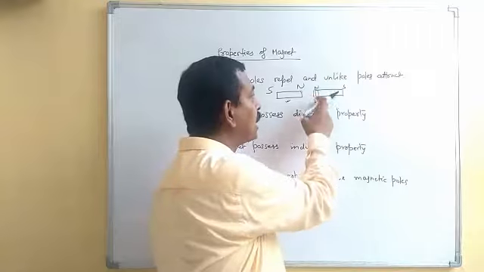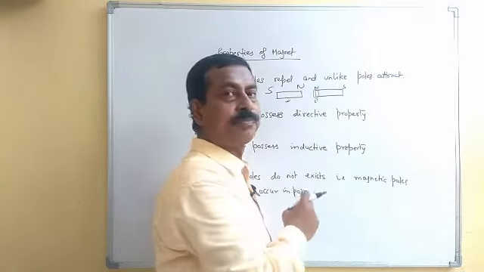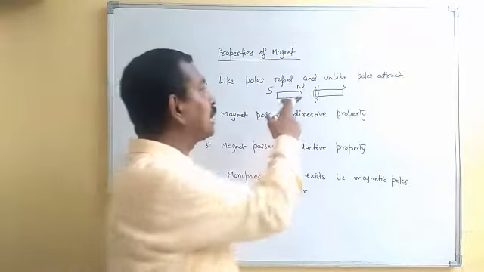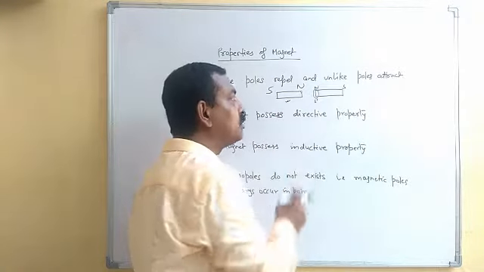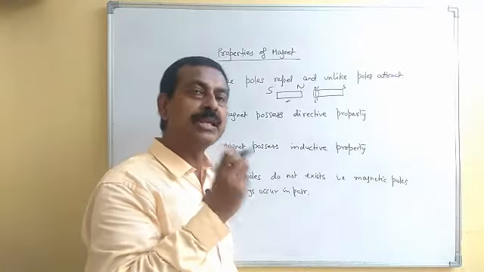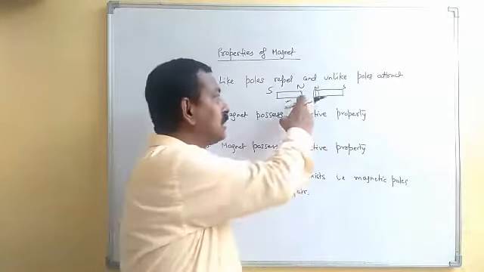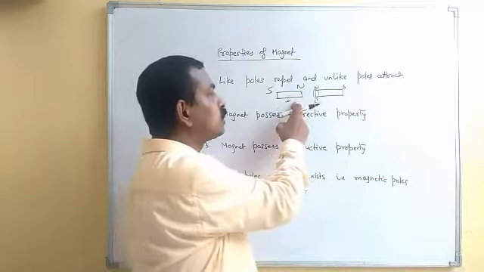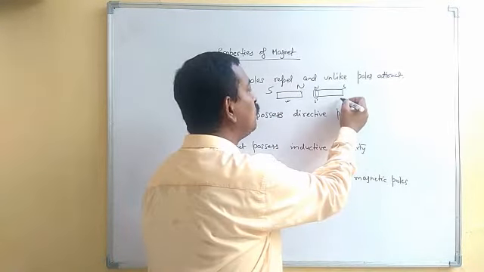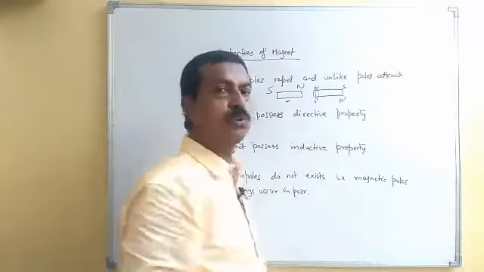Remember, this magnetic pole, that is the north pole of the other magnet, will also induce magnetism in this. As the strength of this pole is less, it will induce less amount of magnetism in this one. Here the strength is more, so it will induce more magnetism in the other case. So there will be south pole developed here, north pole here.